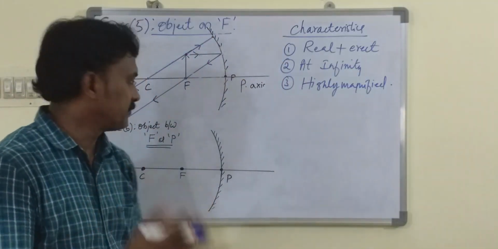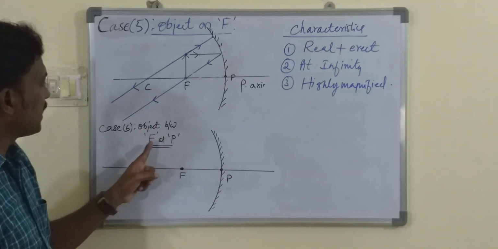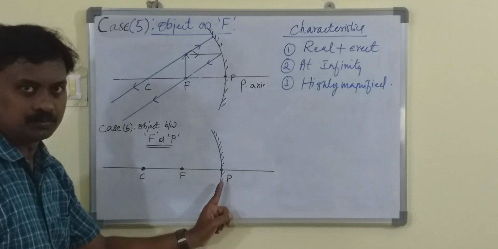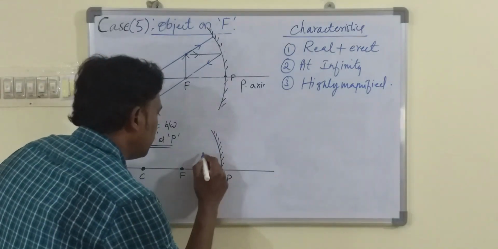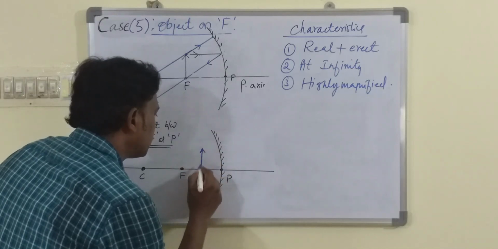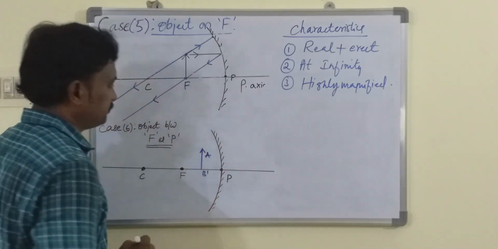Okay, next we are going for the last case, that is the object is between F and P, that is the focus and the pole. Let me draw the object like this. This is the object, and this is AB. AB is the object.